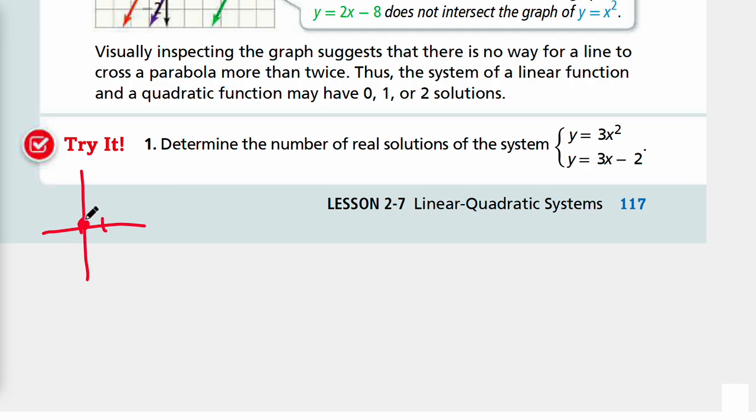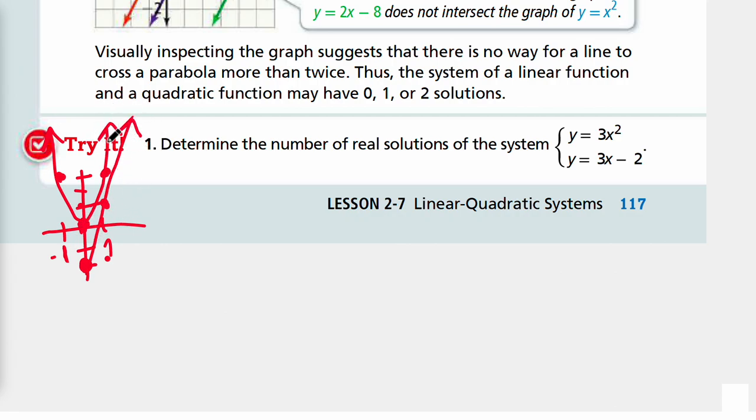When x is 1, y is 3, and when x is -1, y is 3 as well. Then your linear graph starts with a y-intercept of -2, and then it goes up 3 over 1.